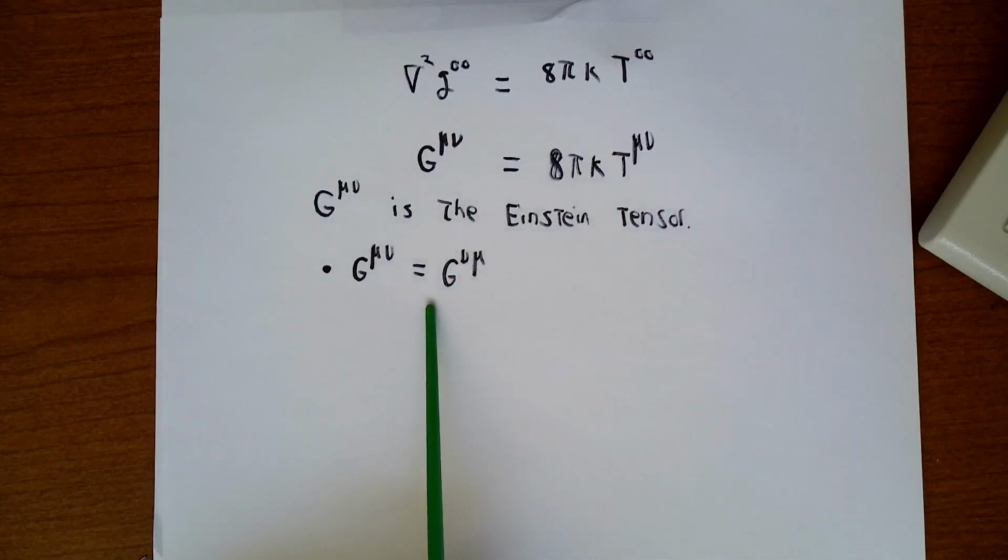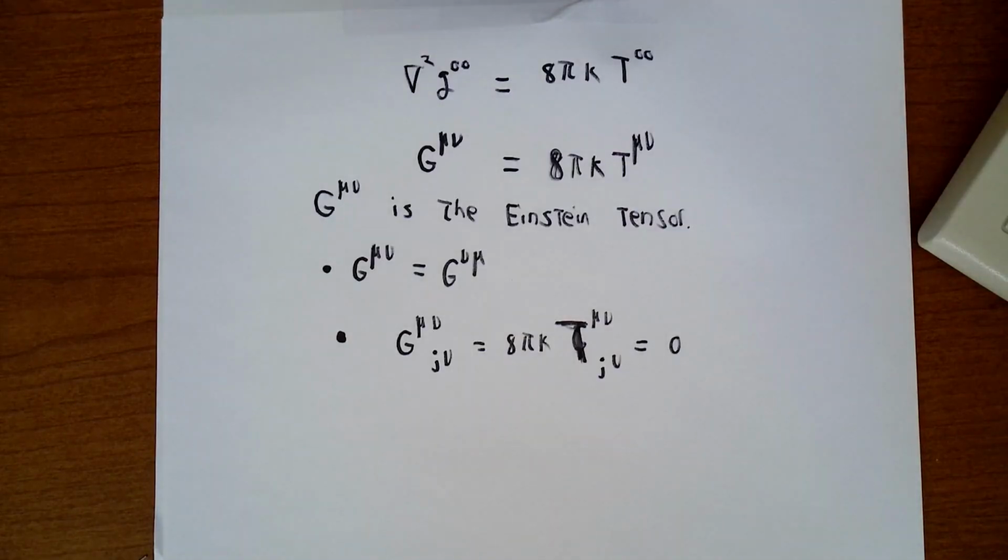The Einstein tensor needs to be symmetric as well. Secondly, the Einstein tensor must be divergence-free. That is to say, G mu nu semicolon nu must be 0. The reason for that is this quantity is a constant times T mu nu semicolon nu, and conservation of momentum says these numbers are all 0, so these numbers must all be 0.